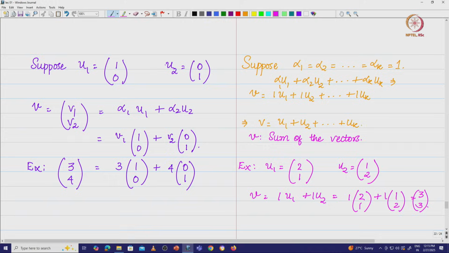If you look at geometrically how this works, it is pretty straightforward. This is basically the unit vector that I am having. Okay, let me draw it this way.